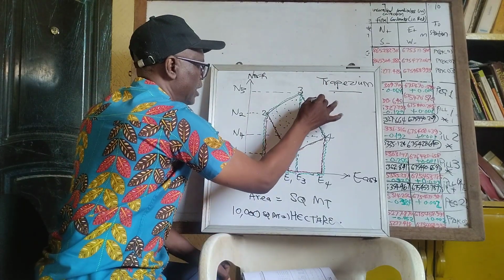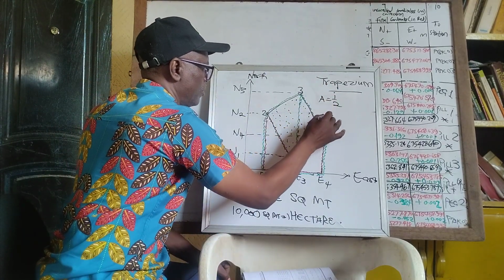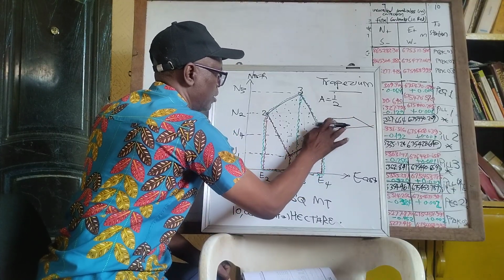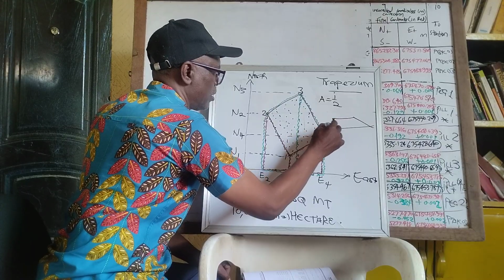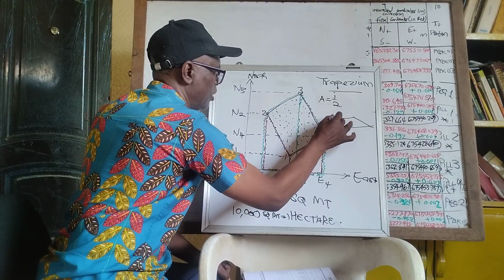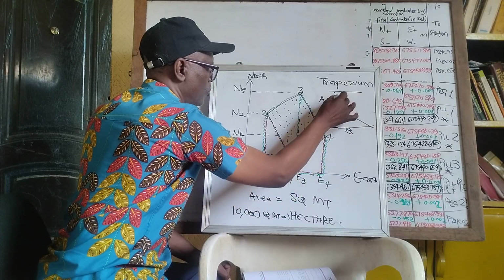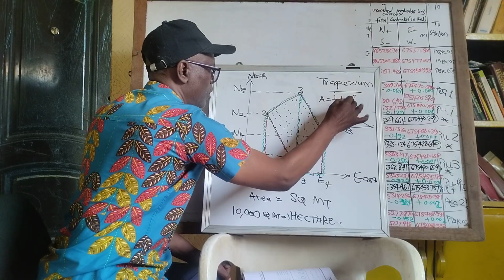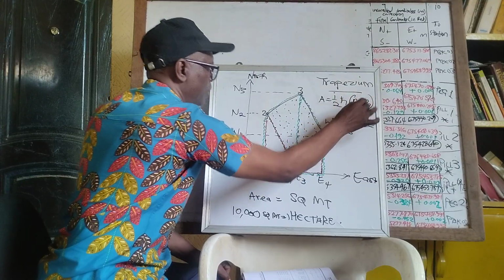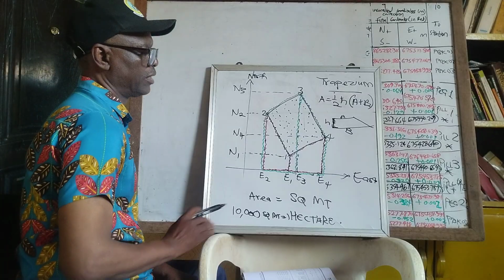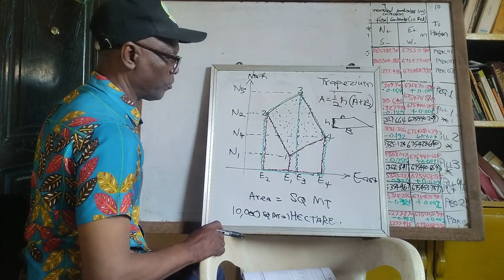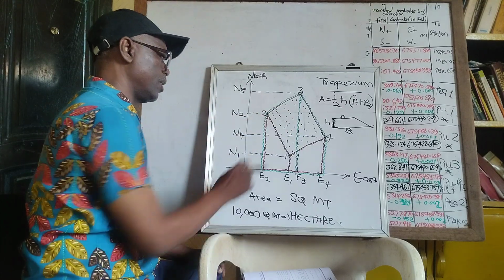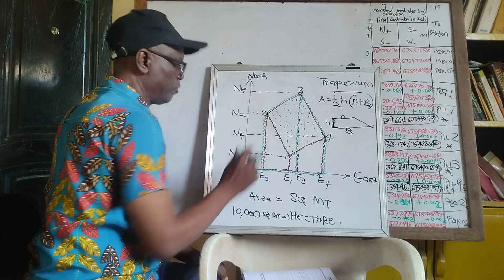And you remember the area of a trapezium is half. If you have a trapezium like this, here this is H, and this is A, and this is B. You have this as half of H into A plus B. That's the formula for trapezium. So we are going to be using this in deriving the area of the shaded figure.